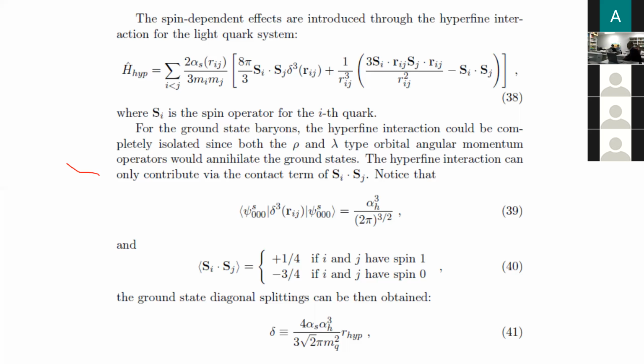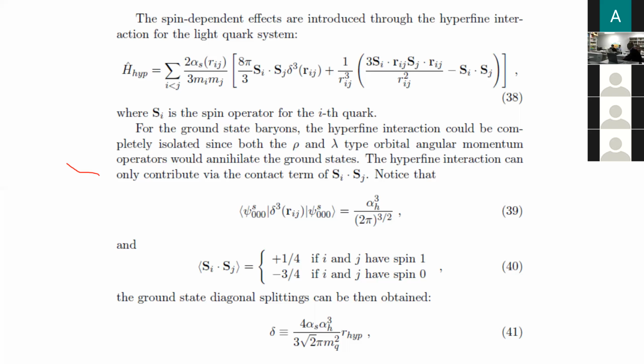Can I make a comment on that? Yes, please. The starting point is a 1 over r type potential, which is the one gluon exchange. But the tensor force contains two derivatives, from sigma dot nabla. So you apply sigma dot nabla twice to this 1 over r.